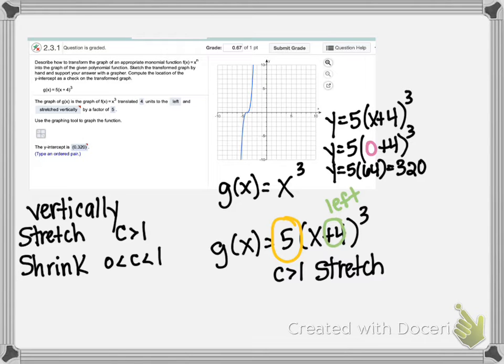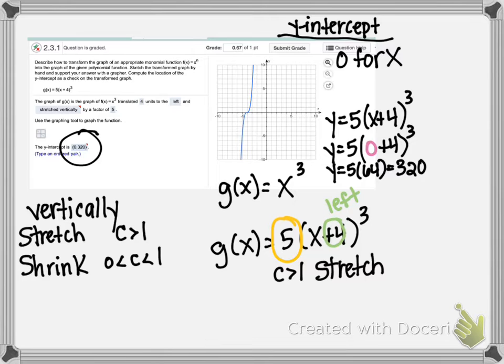And I'm just checking that to make sure we're right. Yep, so it's 320, which is where that value came from. So remember, when you want to find the y-intercept, you can either graph it, look at where it crosses the y-axis in Desmos, or you plug in 0 for the x value and solve. Sometimes it's easier to graph, sometimes it's easier to plug in 0, so you have different options.